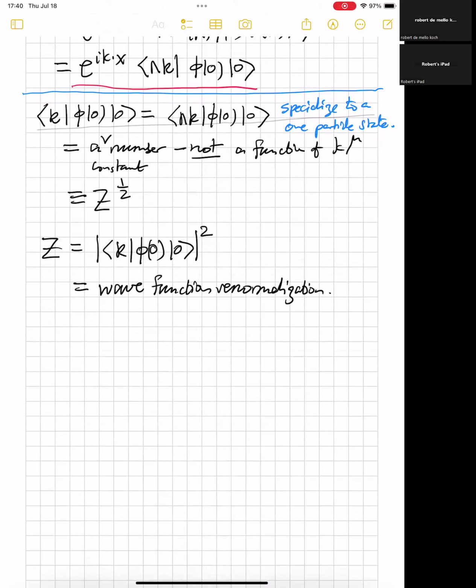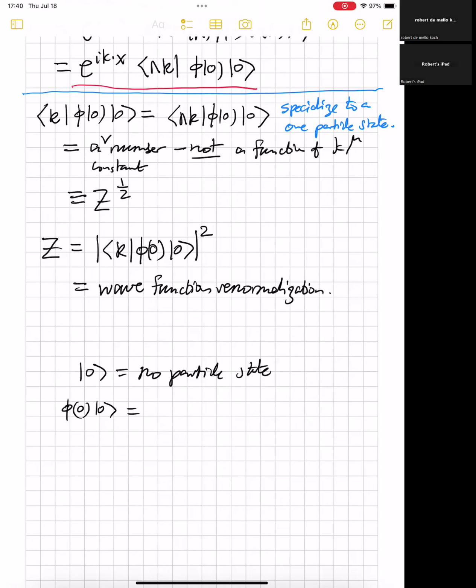And now I'm going to use the fact that we've specialized to a one particle state. So what is the state |0⟩? Okay, the state |0⟩ is the state with no particles. So it's the no particle state. Now, what is the state φ(0)|0⟩? Now, you might tell me that what φ does is it creates a particle.